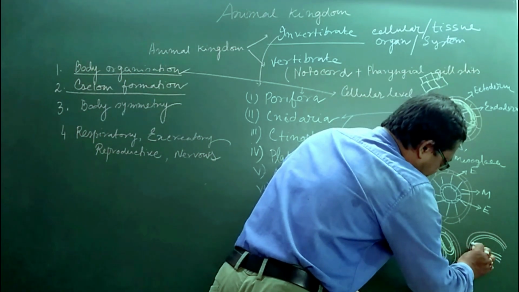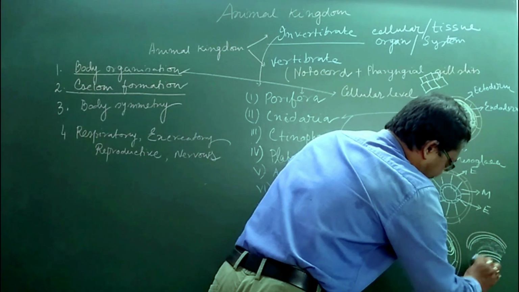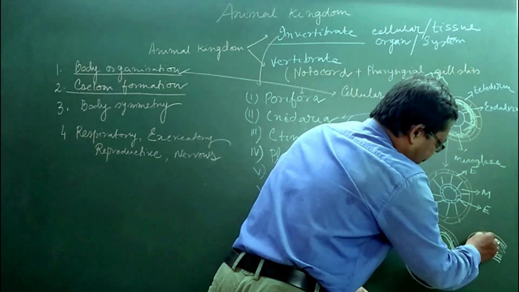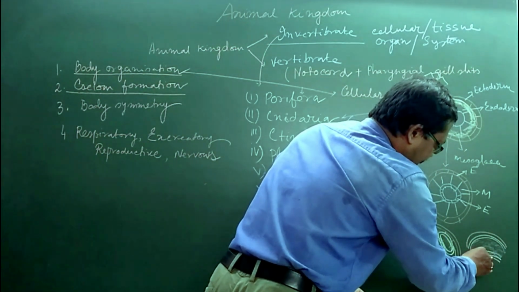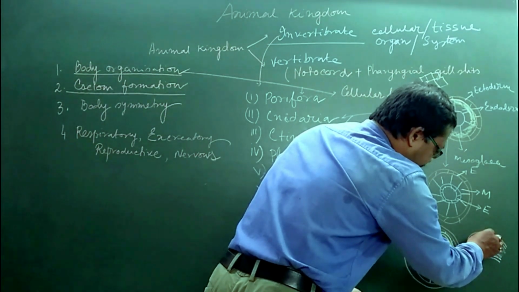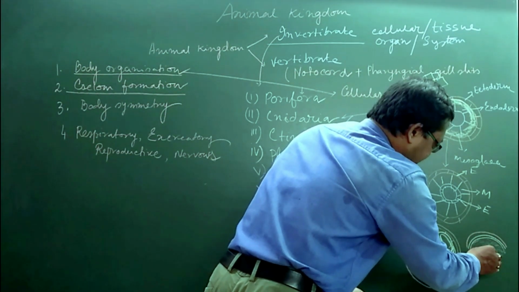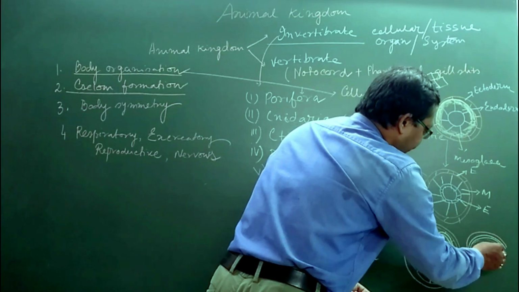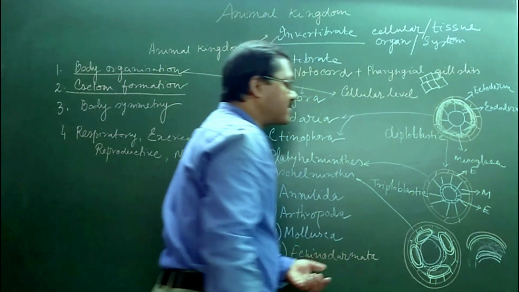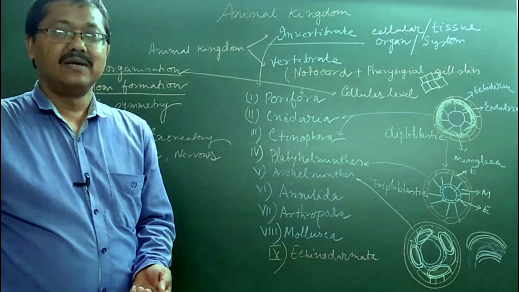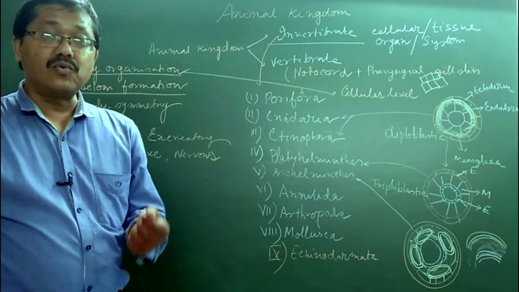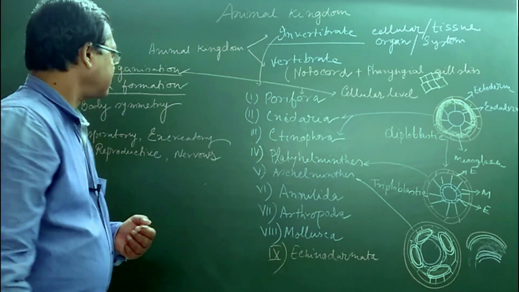A continuous layer develops between the two cellular layers that are present in the mesodermic zone. In this way, true coelom originates.